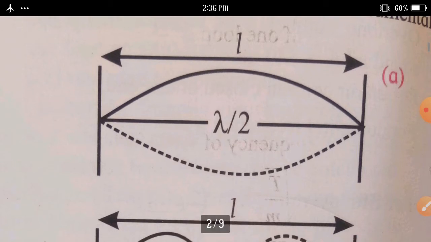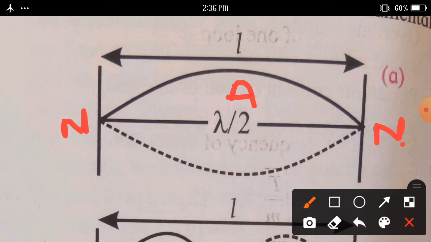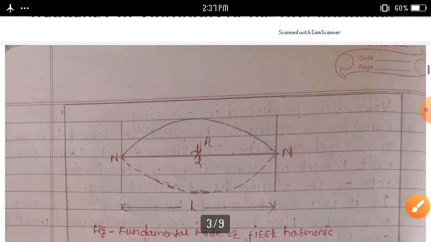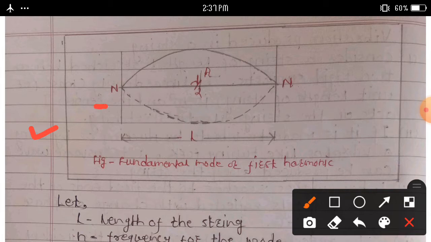This is one loop, with two nodes and one antinode. The two ends of the string are nodes, and the center point is an antinode. This is the fundamental mode, or first harmonic.